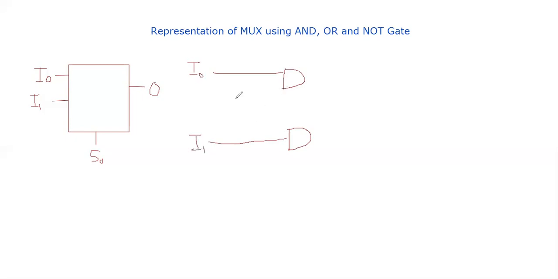Now we will have a single select line. So this is our select line S. One input will go to this and the other will go to this, but in an inverted form. Why inverted form? I am explaining. Then after that we will have an output. So this is my OR gate.